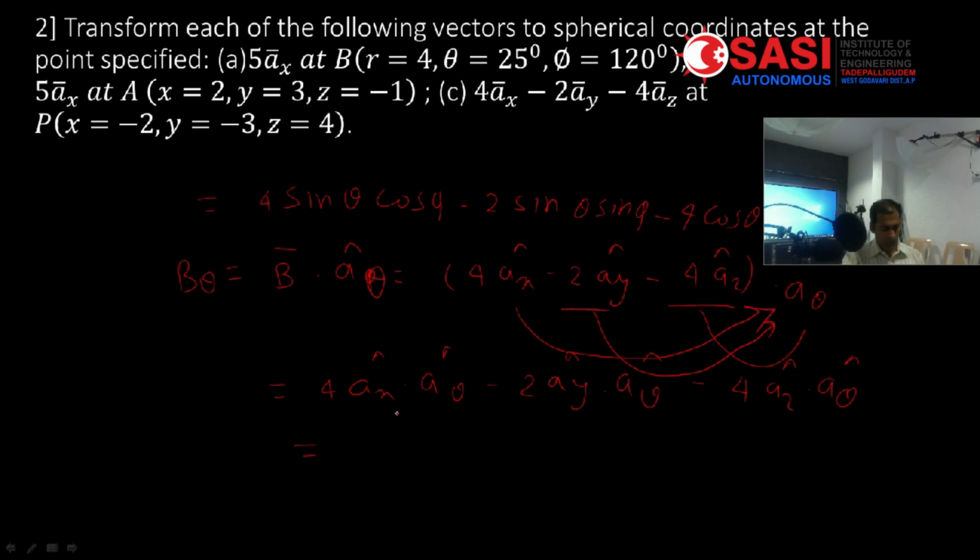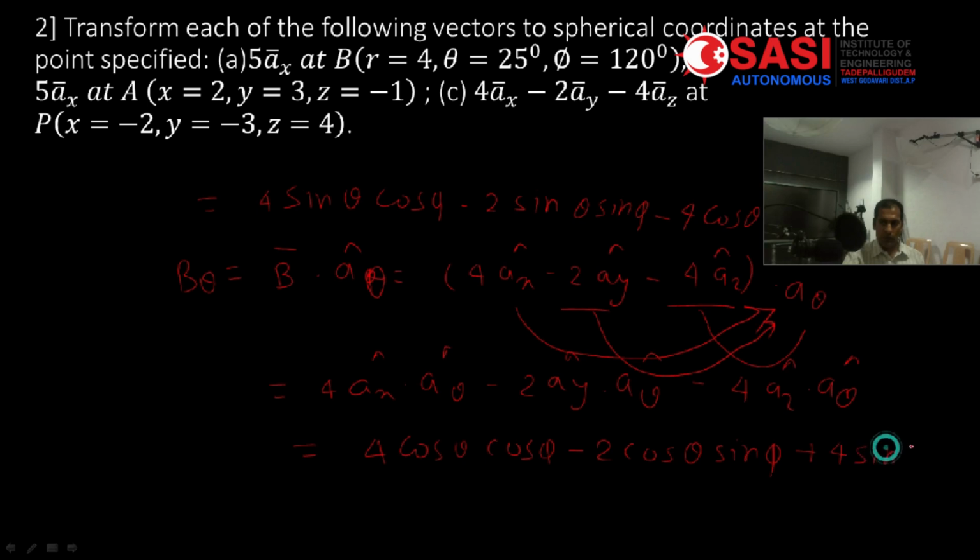So this will be equal to, after solving, we will get 4 cos theta cos phi minus 2 cos theta sin phi plus 4 sin theta. Similar way we can get the value for B phi.